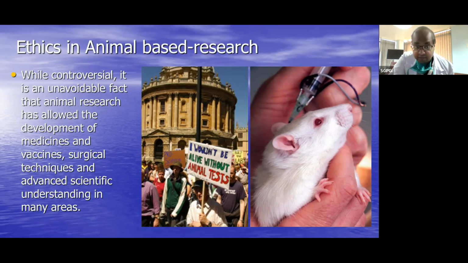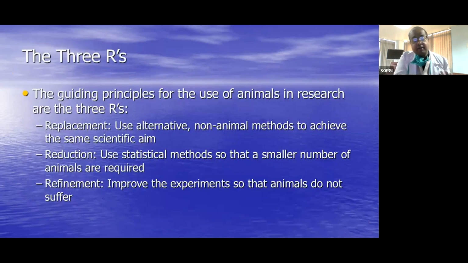So there is a need for animals, but at the same time we have to have respect for animals, and there are some guidelines now being followed all over the world on how animal research should be executed. Basically there are three R's in animal research.